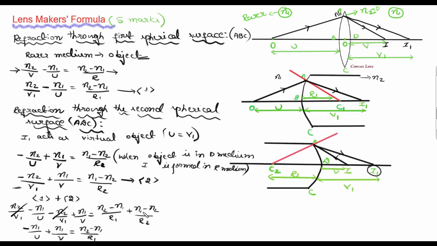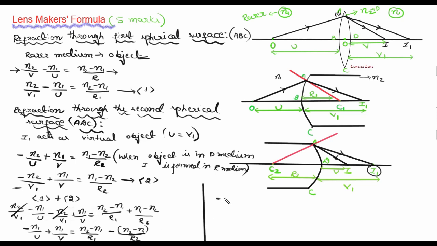Now I will reverse the second term. To reverse it, I can take negative as common, so N2 minus N1 by R2. Why am I reversing it? To take N2 minus N1 as a common factor. Now continue solving from here.